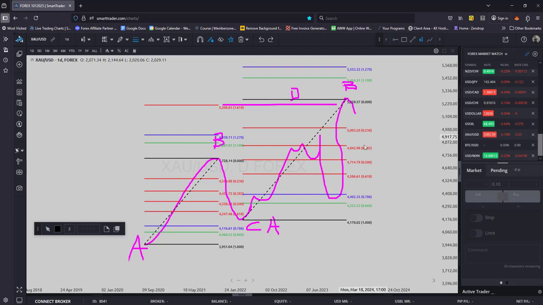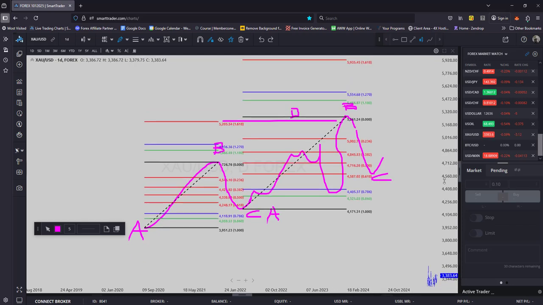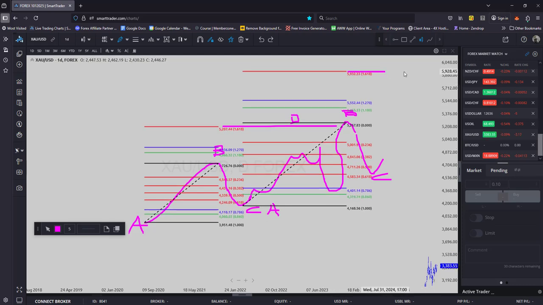You're going to wait for the market to come back into this area here. When it does come back and it U-turns, that becomes your C. And based on where your C is, you say, you know what, we have enough momentum to come up to this level here. When the market hits that area, that becomes your D. And then you repeat. C becomes A. D becomes B. And so on. And that's how you plot your Fibonacci's on these markets.